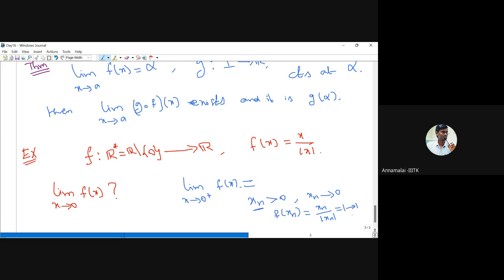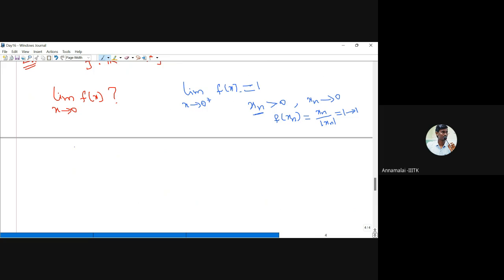Therefore, the right hand limit of the function at the point 0 is 1. I'm not taking any particular sequence xn. If you take any sequence xn greater than 0, but xn converges to 0, then f of xn should be 1.